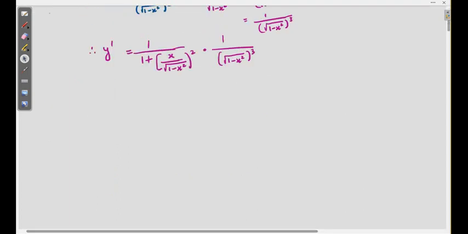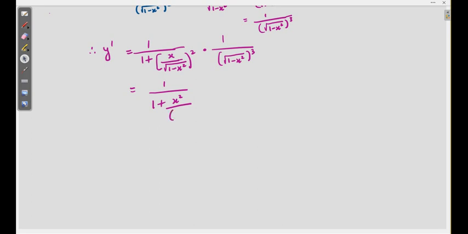Perfect. Then from there you can rewrite this as 1 all over 1 plus x squared. And then remember, don't rush to say the square cancels that. Write it as 1 minus x squared to the power of 2, times that. Right, times that. And then from here, because we have a 1, how about we express this in terms of the denominator?